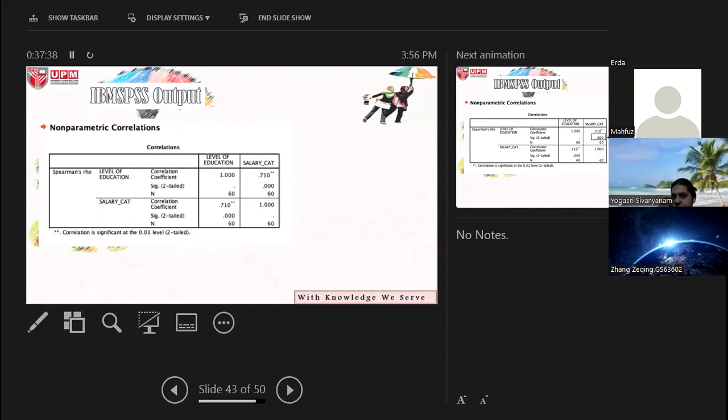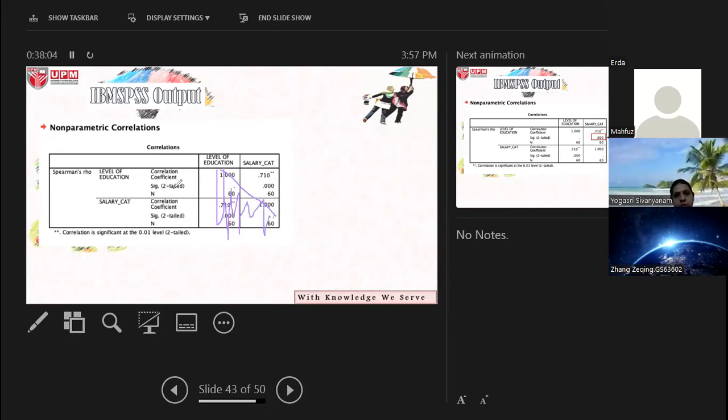In terms of reading the table, it is similar to the Pearson product moment correlation table. The finding is in a matrix, so the top and bottom report the same thing. You just focus on one side.